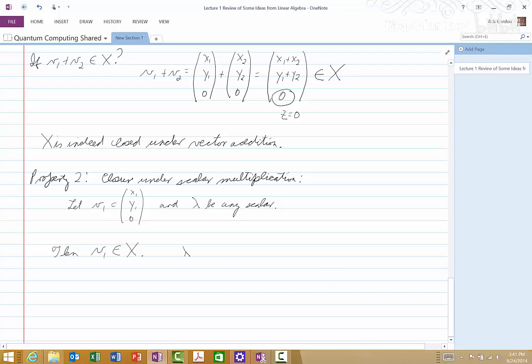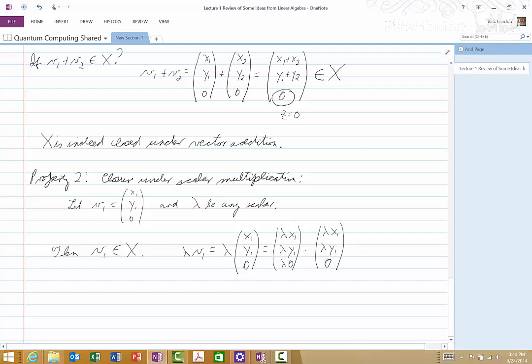And now lambda times V1 will be equal to lambda times x1, y1, 0, which will be lambda x1, lambda y1, lambda times 0. But of course, anything times 0 is 0.